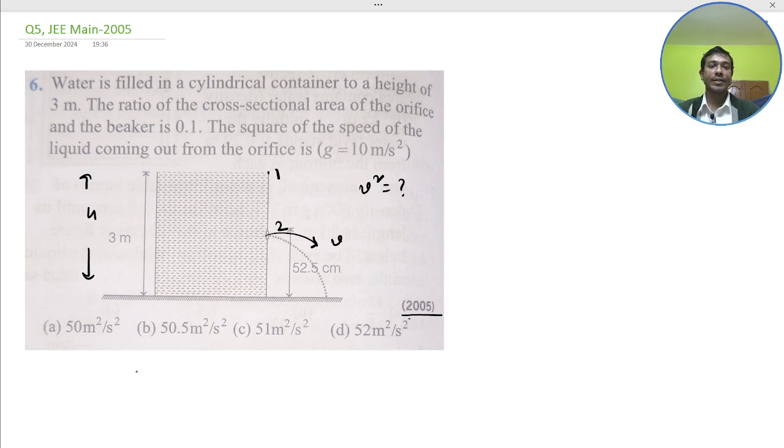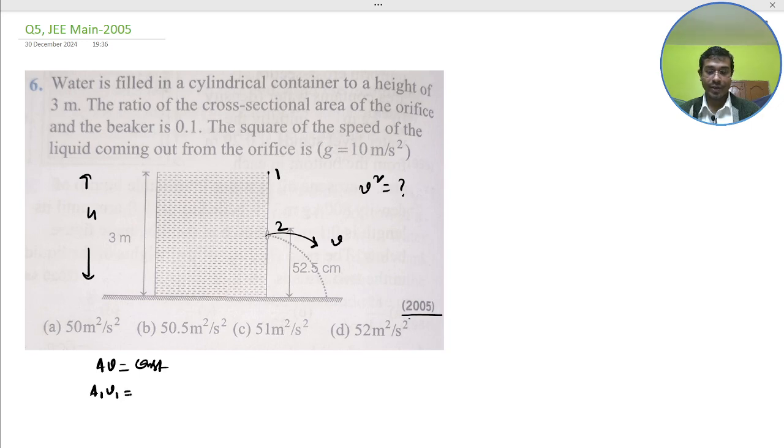So you just apply here the equation of continuity, and also since there is height h, you have to apply Bernoulli's theorem. So two theorems are applied here. The first one is the equation of continuity and the second one is Bernoulli's principle. First of all, by the equation of continuity, AV is equal to constant.